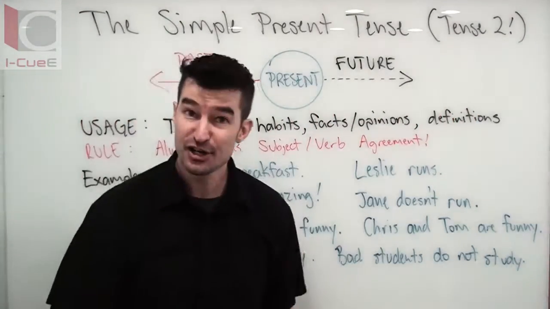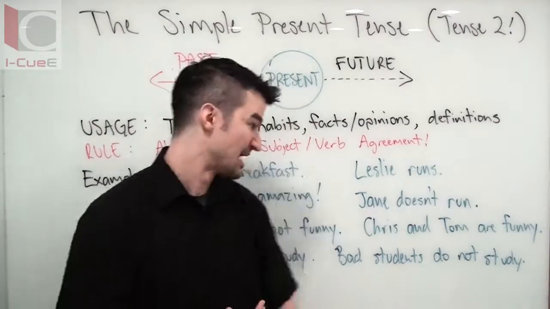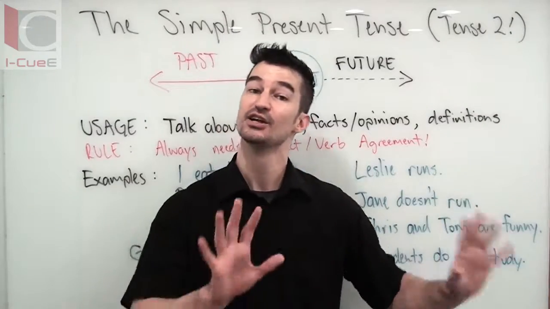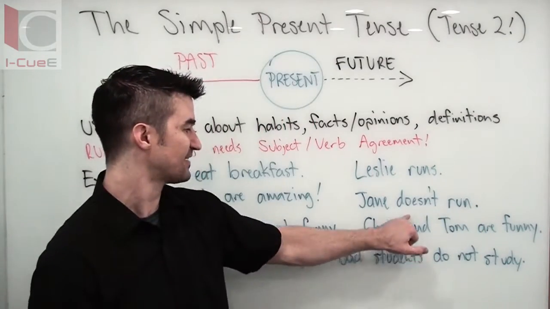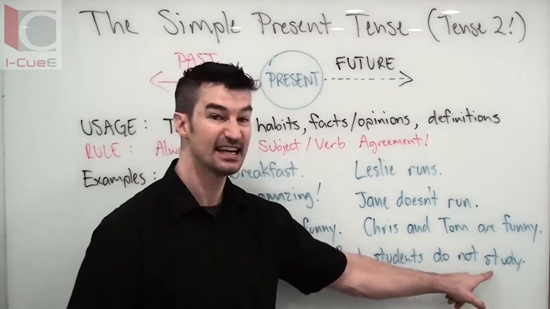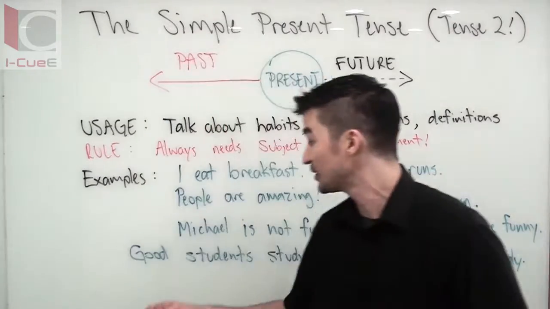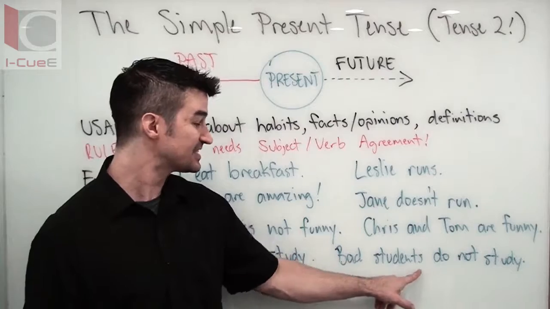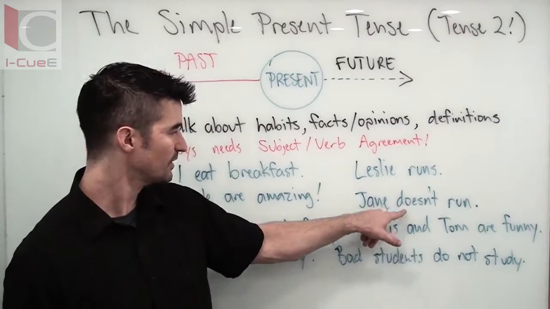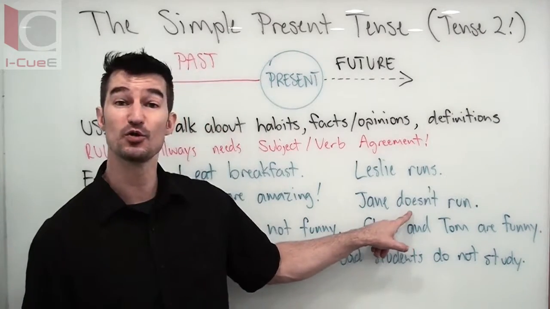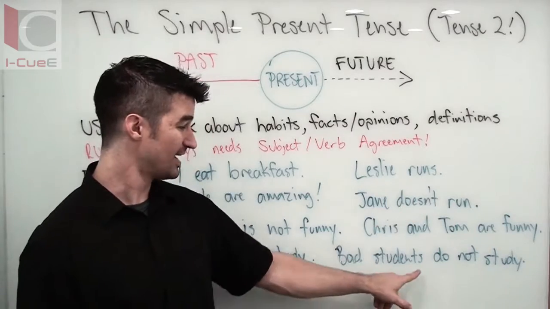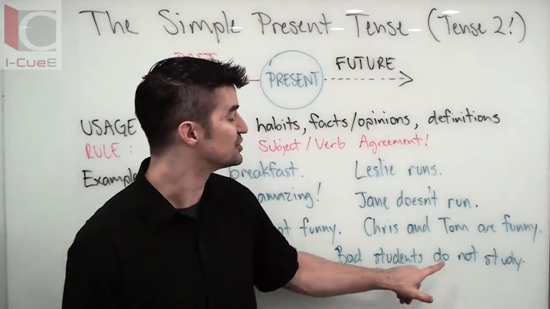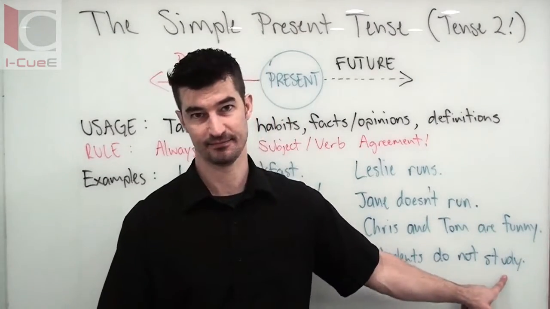And in contrast, or in opposite, bad students do not study. So here again, you can look at the difference, okay? Study is the active verb. That's what good students do. They study. Bad students, plural, do not, as opposed to doesn't. Why? Because we're talking about more than one. Bad students do not study.